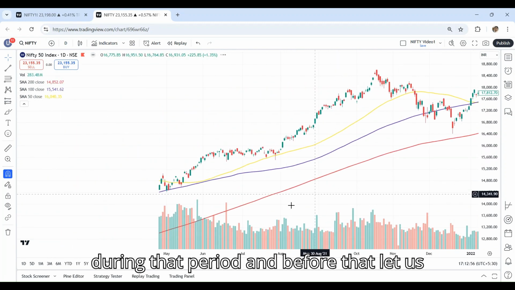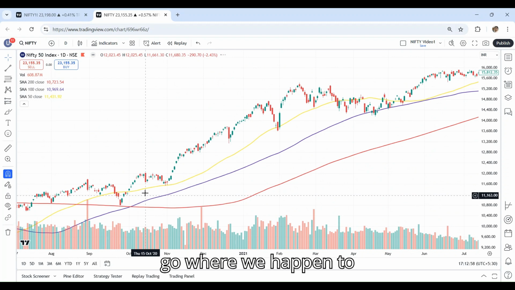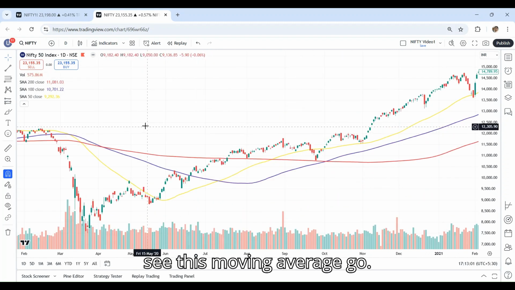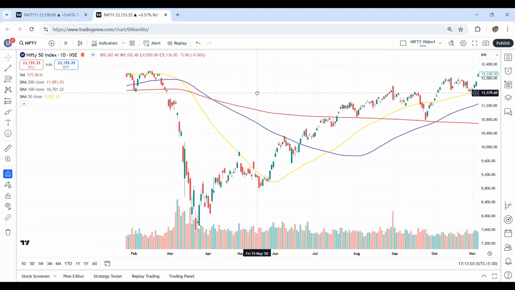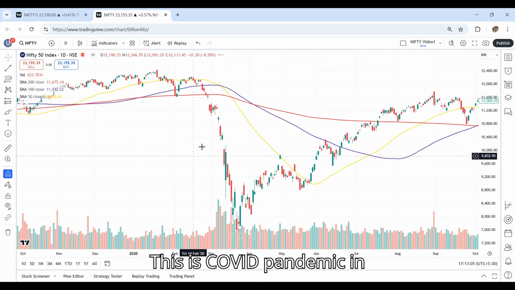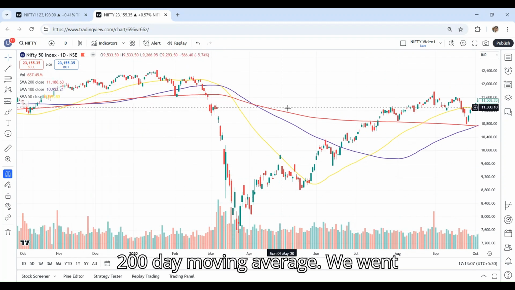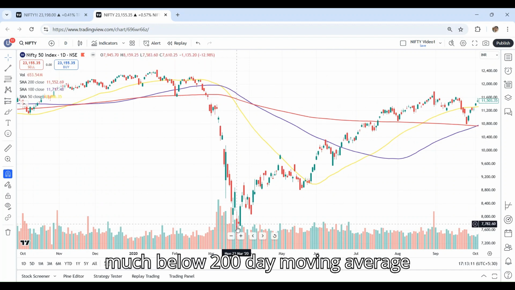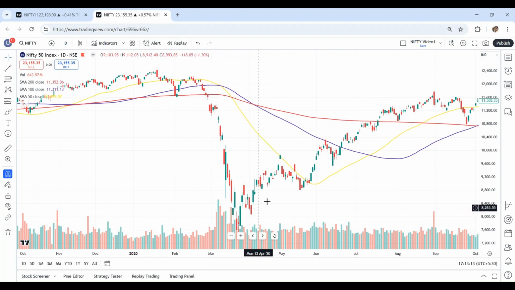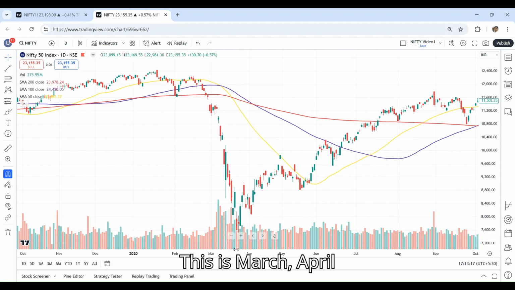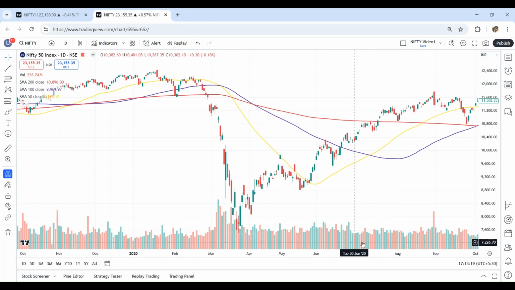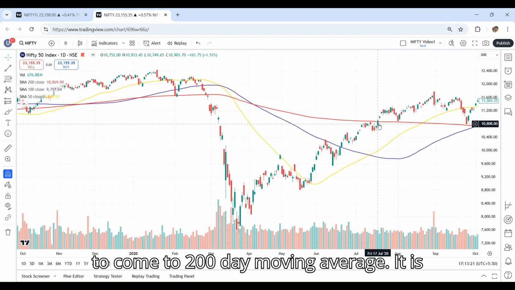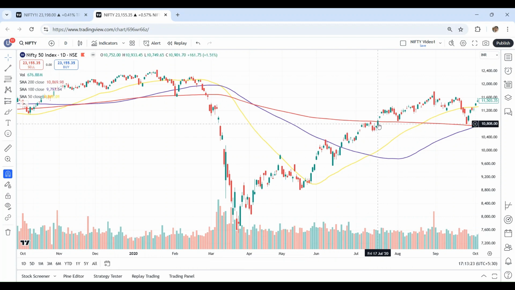And before that, let us go where we happen to see this moving average. Oh, this is the COVID pandemic, and the 200-day moving average. We went much below the 200-day moving average, and this is March, April, and it is only in July that it came back to the 200-day moving average.